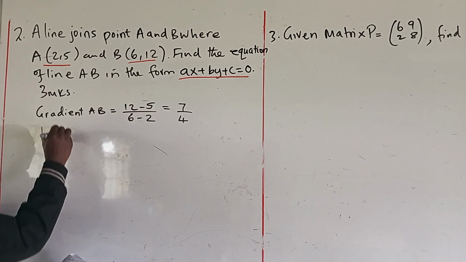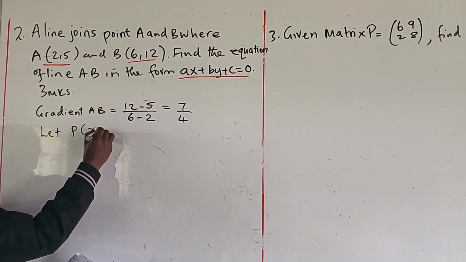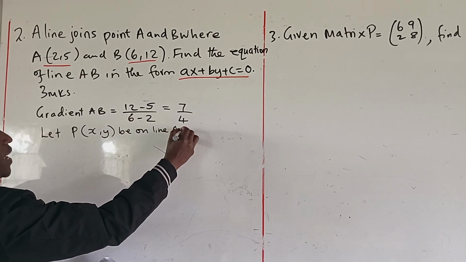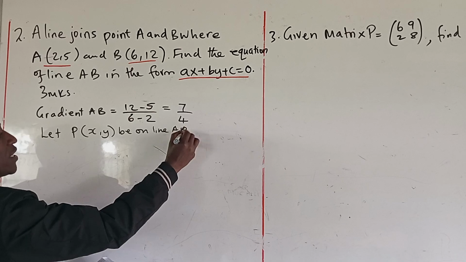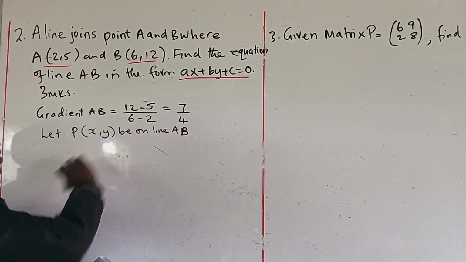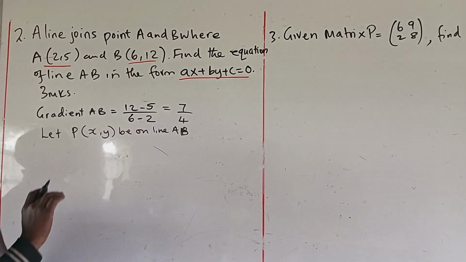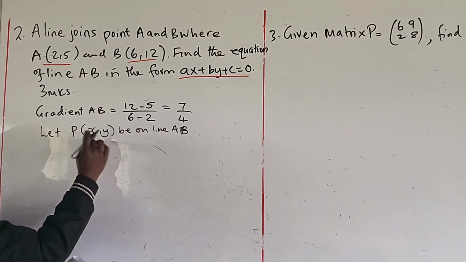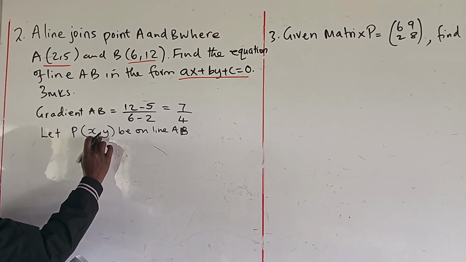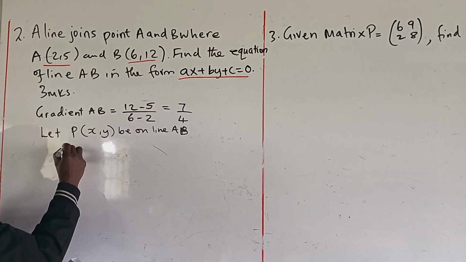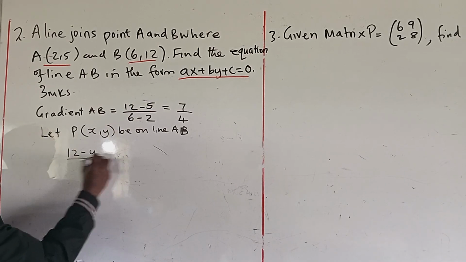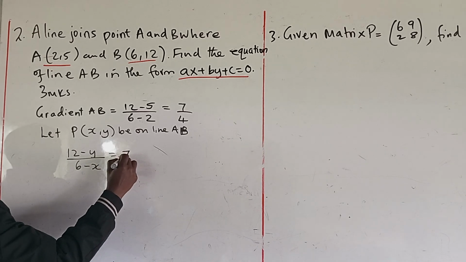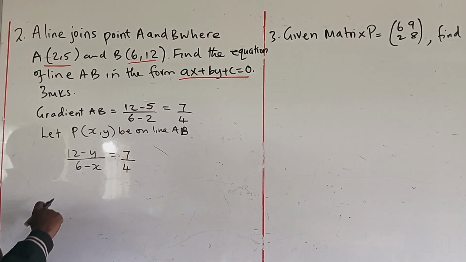So we shall let a certain point P(x, y) be on line AB. The theory here is that points on the same straight line have the same gradient. So if we take P(x, y) and this point, we shall have 12 minus y all over 6 minus x, and that is equal to the gradient of 7 over 4.